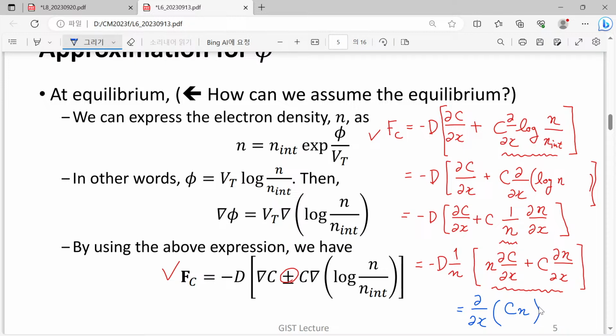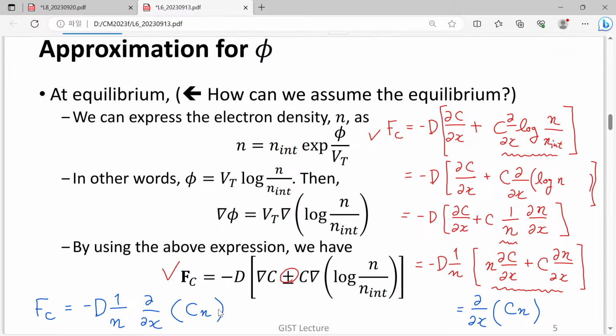Are you with me, all of you? Simply speaking, the one-dimensional version of this flux can also be written this way: minus D times 1/n times ∂(Cn)/∂x, compared with the one without the charge effect.